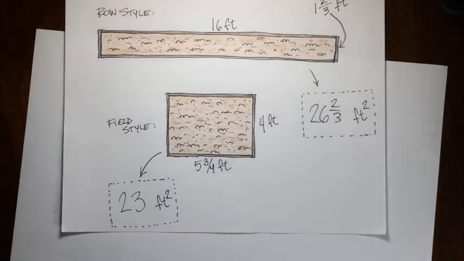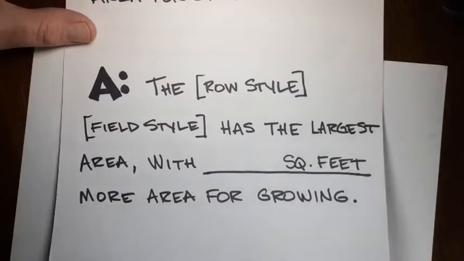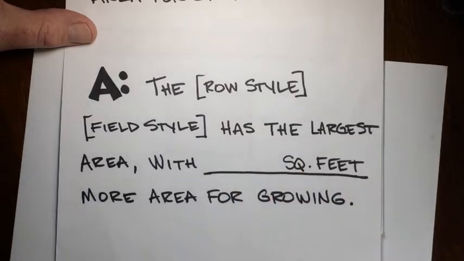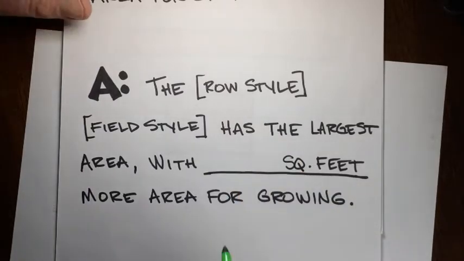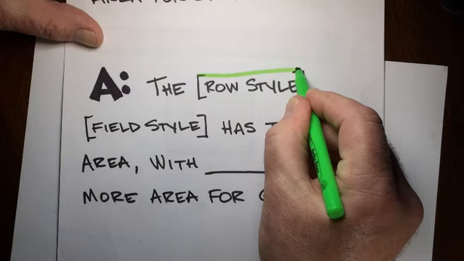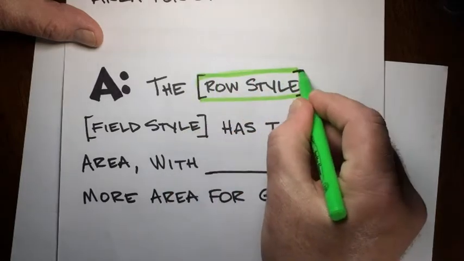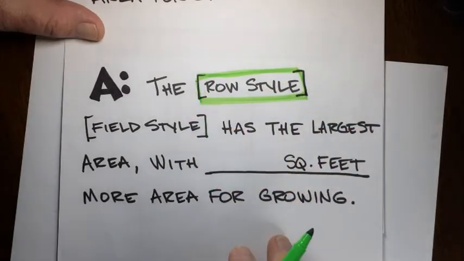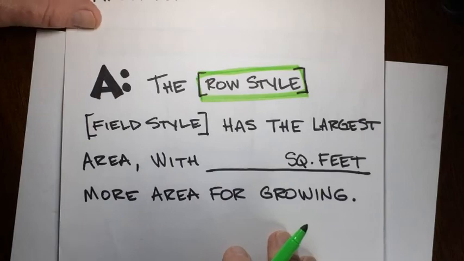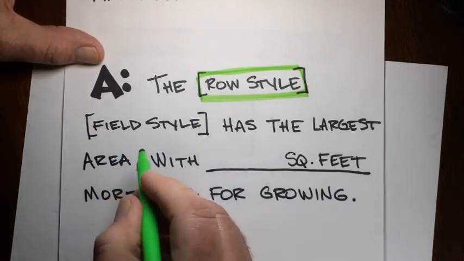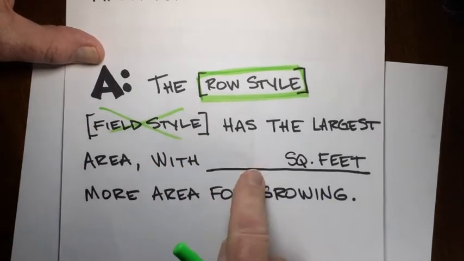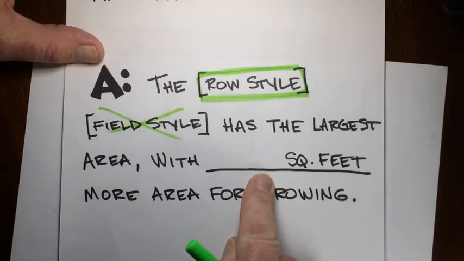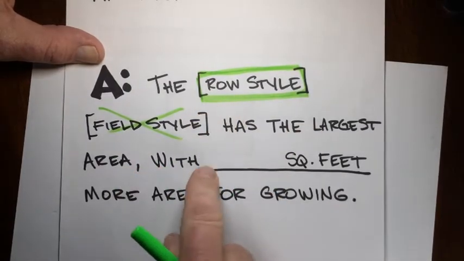So we can answer one part of our question, which is we know that the row style has the largest area. So that's the best choice. Gives you more growing area, plus you can get to your plants easier. Field style, no. But we don't know how much more. Row style has the largest area, but we don't know how much more.